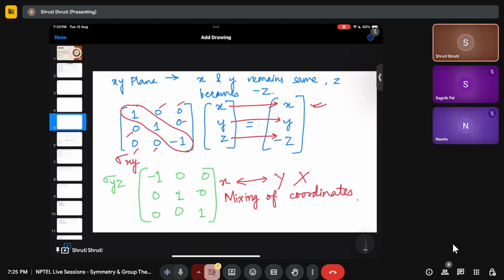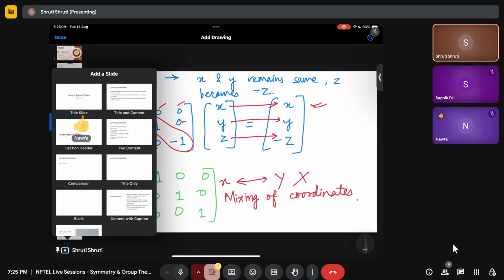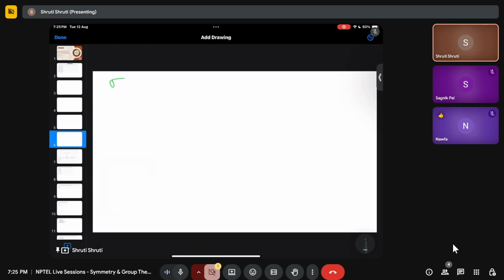Fine. So this is how we do the reflection. Next remaining is this one. So here y will change, x and z will not change.